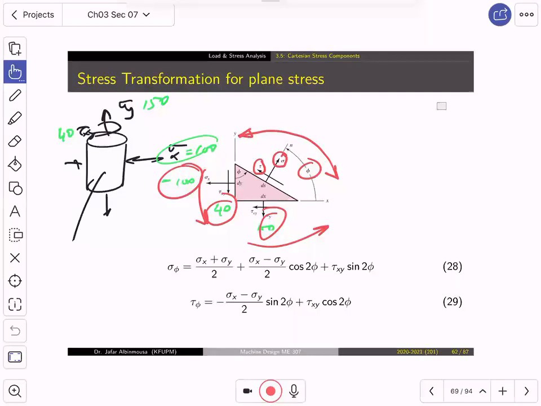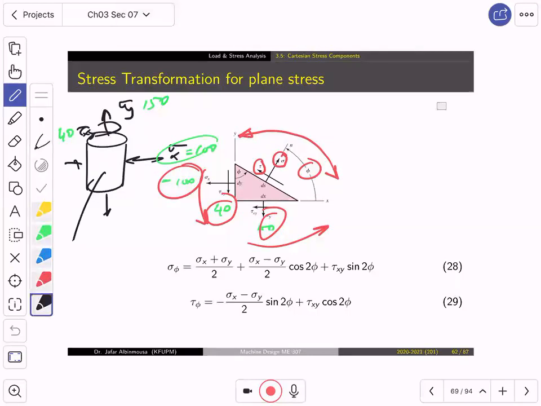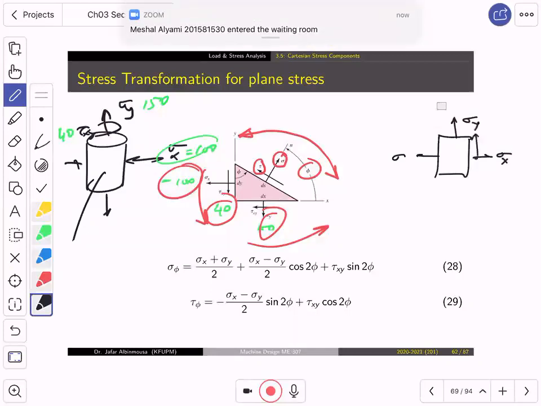In this slide, if you recall, we said if we have an element with multiple stresses acting on the XY, this is a general plane stress problem. General means the maximum load you can put in a plane stress problem. So you will have sigma x, sigma y, and tau xy, so you have 3 stresses.